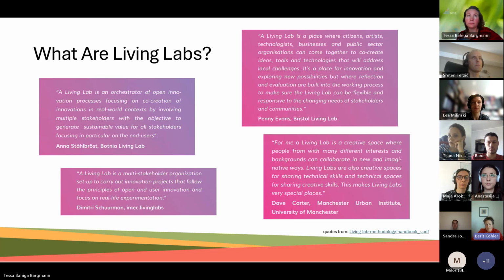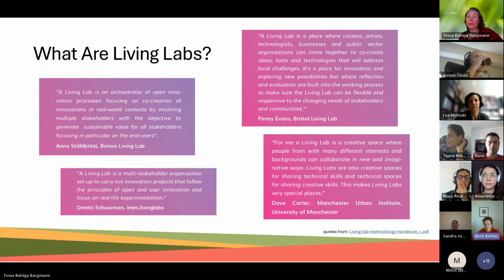Yeah, so another one is saying the living lab is a place where citizens, artists, technologists, businesses, and public sector organizations can come together to co-create ideas, tools, and technologies that will address local challenges.